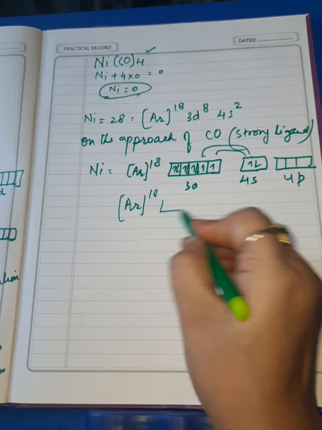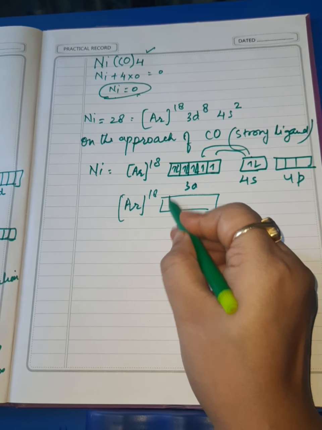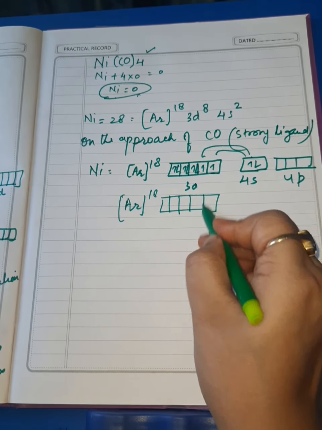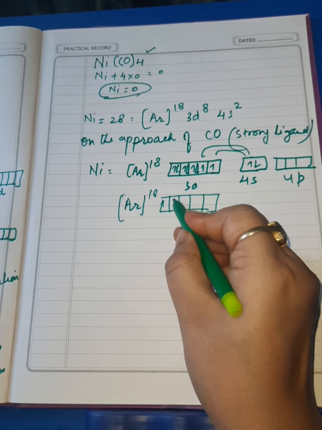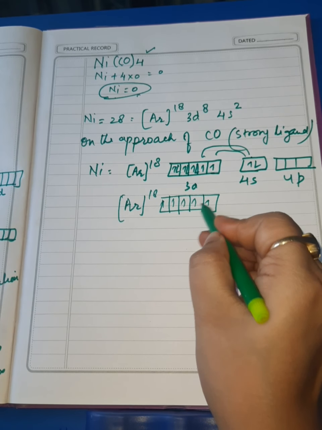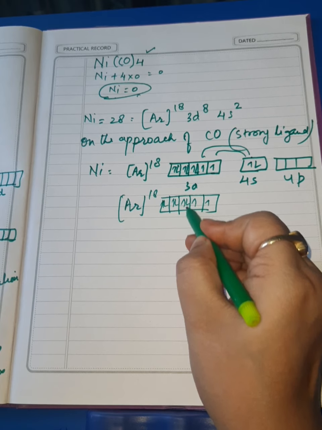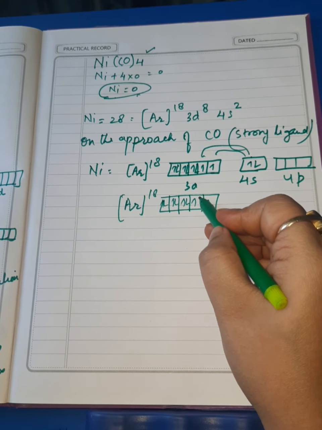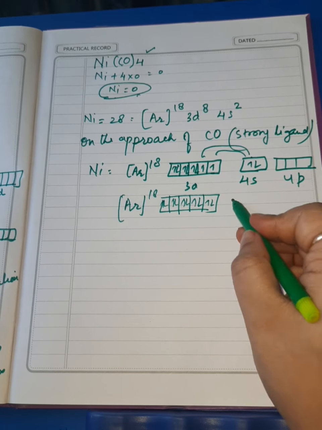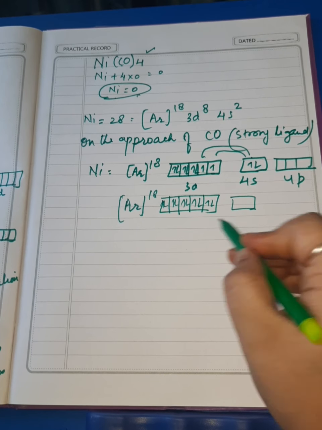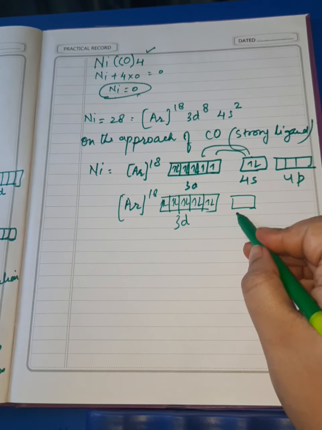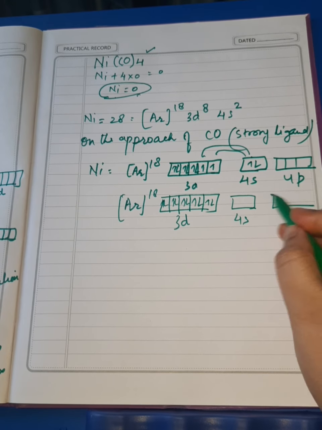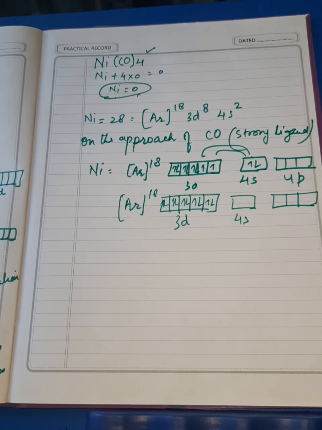argon 18, then we have 2, 3, 4, 5, 6, 7, 8 of this own orbital and 2 coming from 4s, and these electrons are getting paired. Now 4s becomes empty, and 4p is also empty.